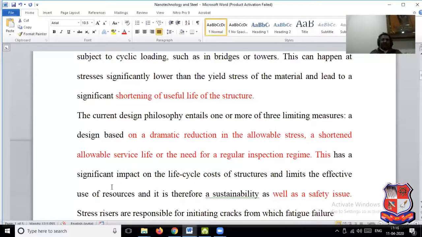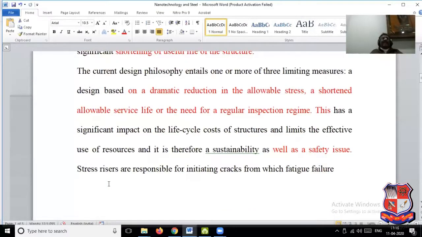I already mentioned and gave an example of a bridge that you can apply the same way to all. It is therefore a sustainability as well as a safety issue. It is not only the aspect of currency, but a major issue that is also associated with safety. Whenever we have a failure, safety by default becomes a very serious issue.